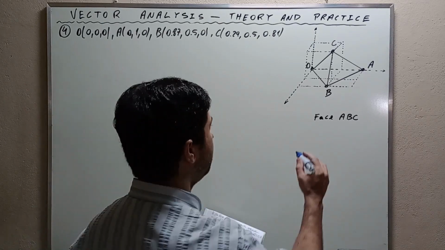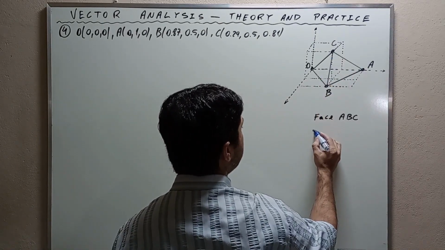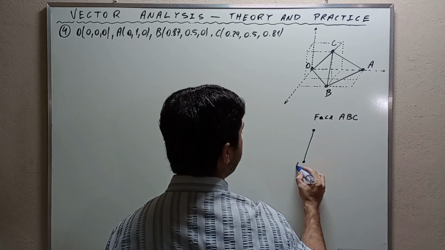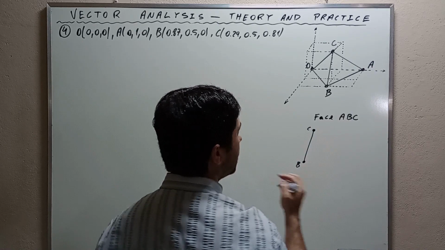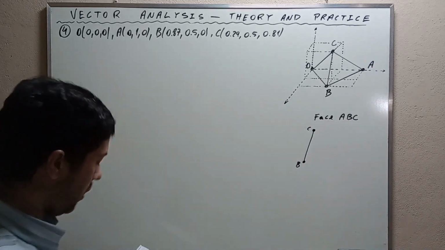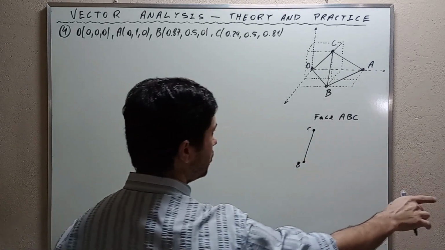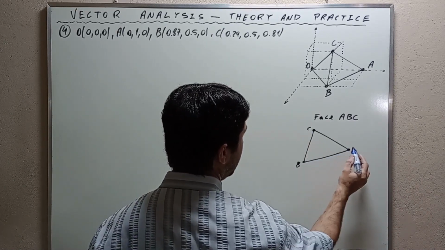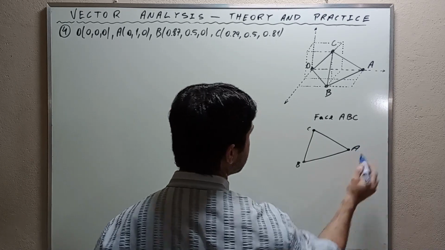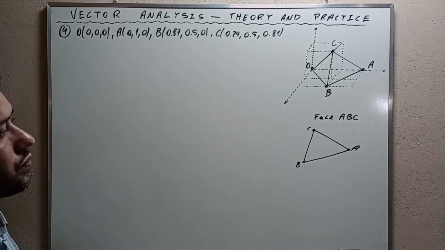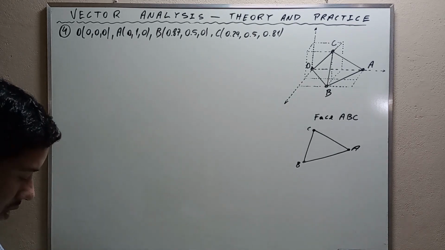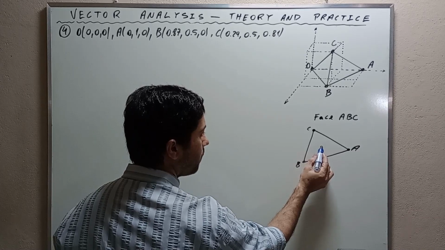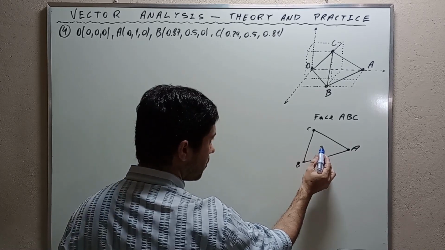Face ABC is this, here is C, below it B, and to the right A. Okay? And the unit vector points outwards, like this.